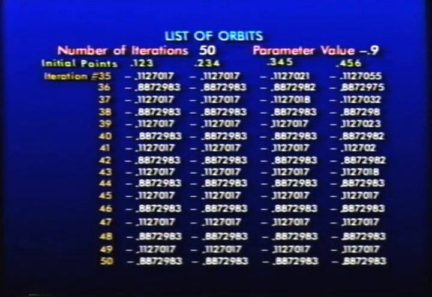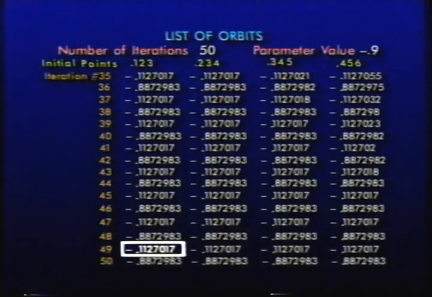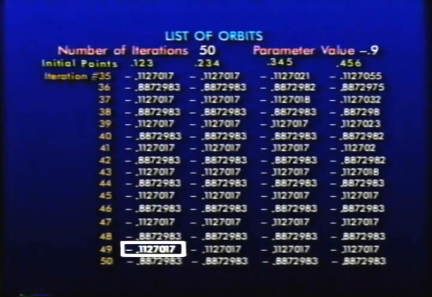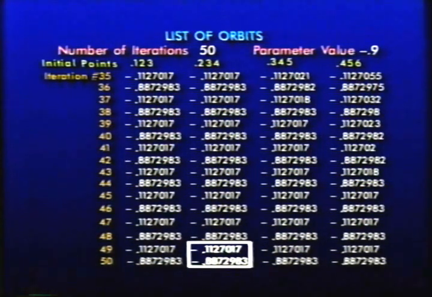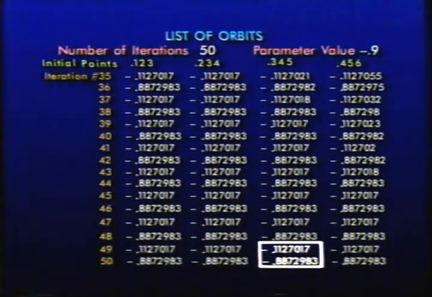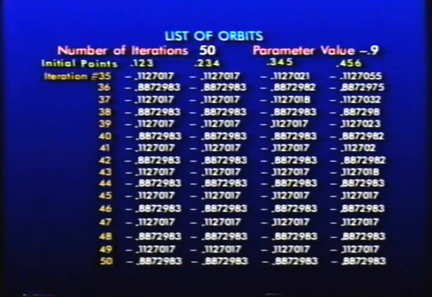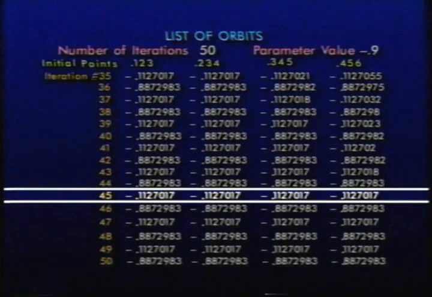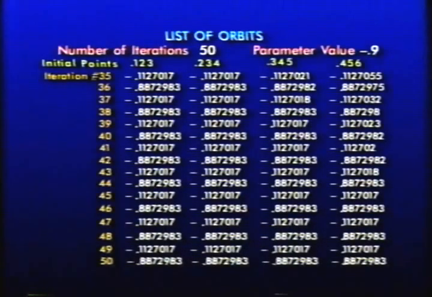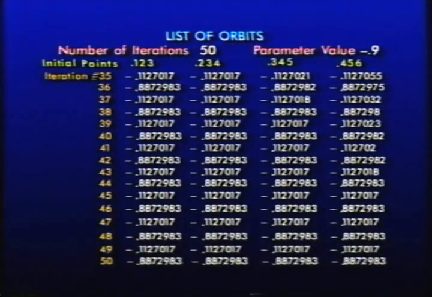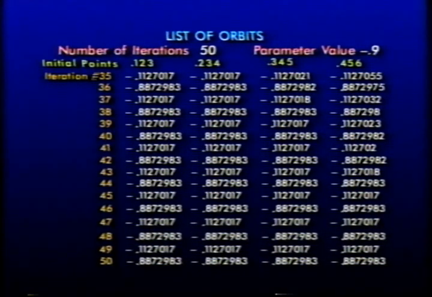You see that by iteration number 49, the orbit of 0.123 is near minus 0.11. Then it hops to minus 0.88. Similarly, the same thing happens for 0.234, 0.345, and 0.456. Each of these orbits eventually cycles back and forth between minus 0.1 and minus 0.8. So we see very different behavior as we begin to lower the value of the constant.